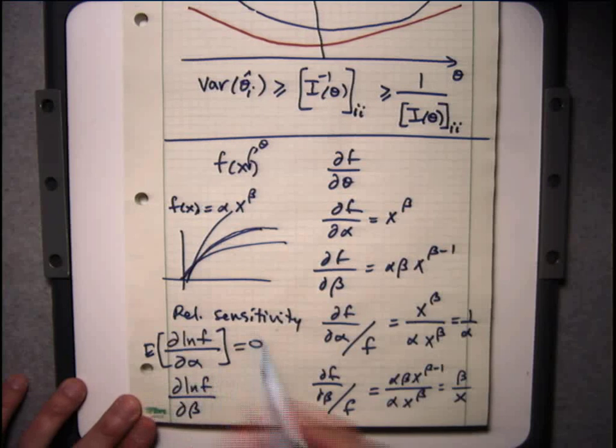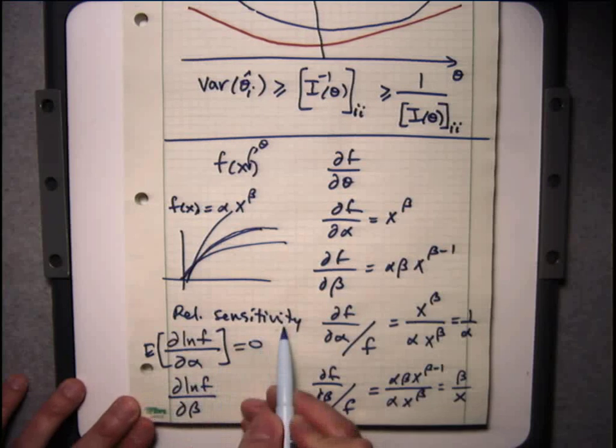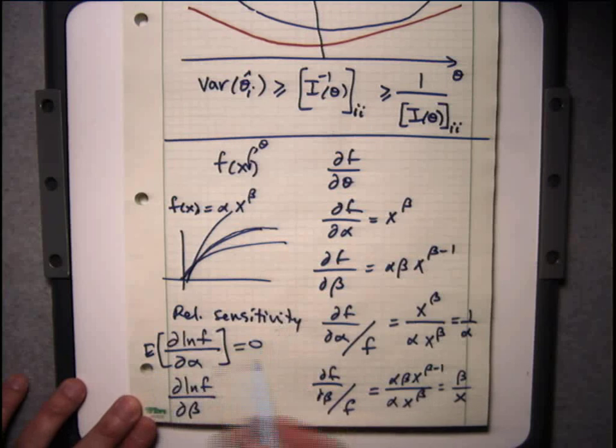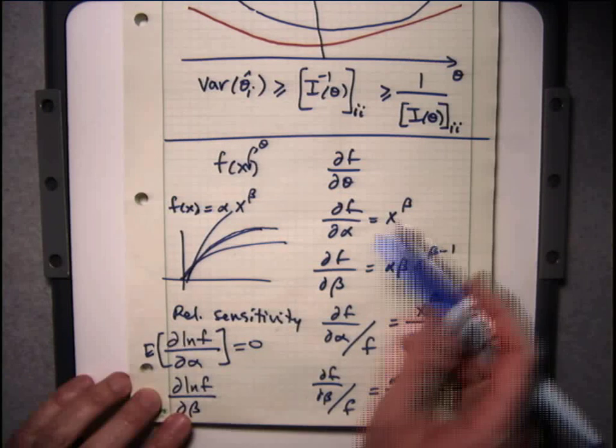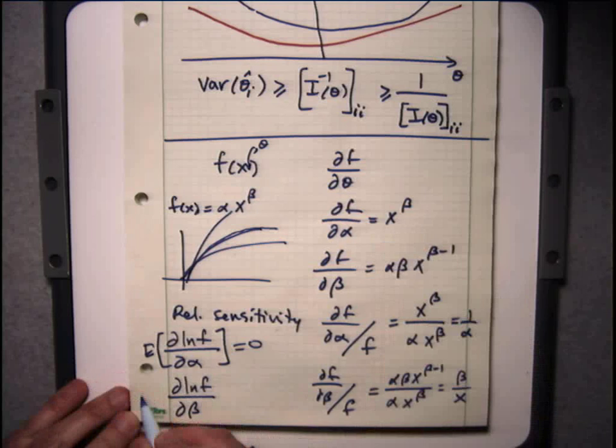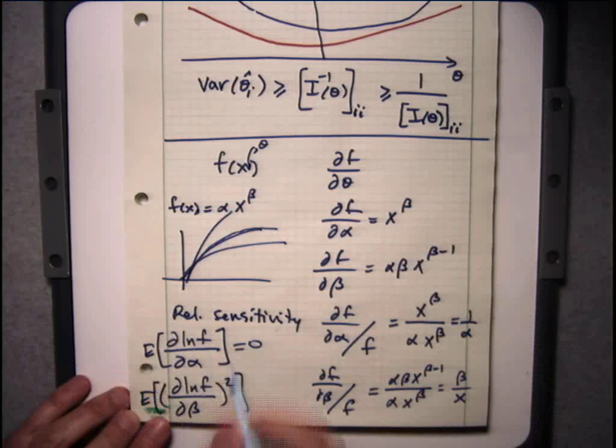So it turns out that the relative sensitivity, its expected value doesn't give us much information. So then what we do is we go to the next order moment, which is the expected value of this thing squared. Now that's the variance of the relative sensitivity. And what's that? This is the Fisher information.